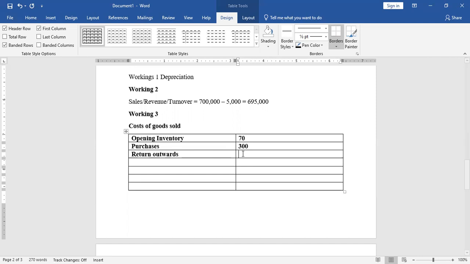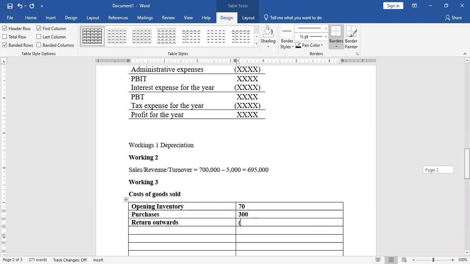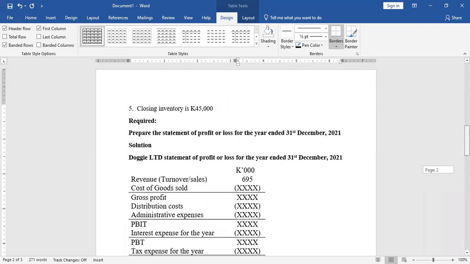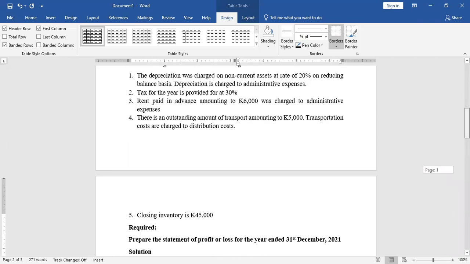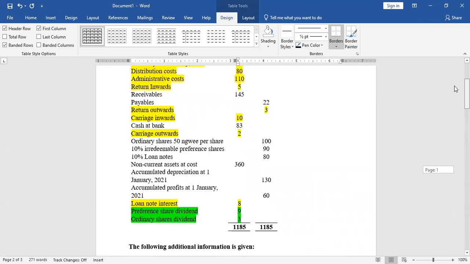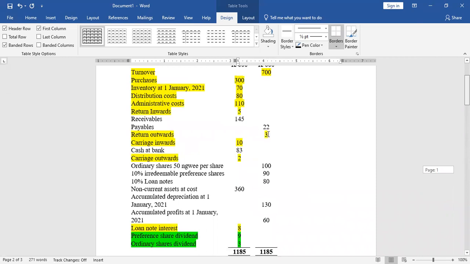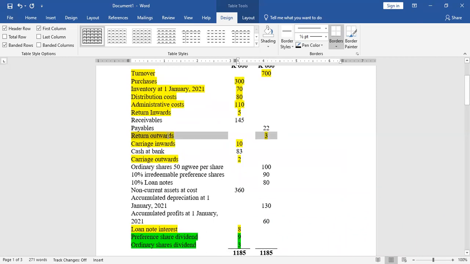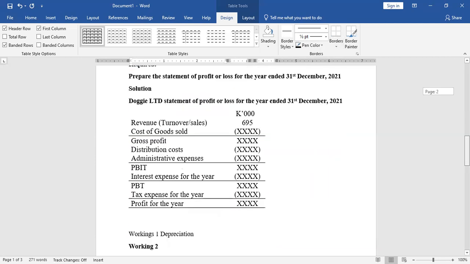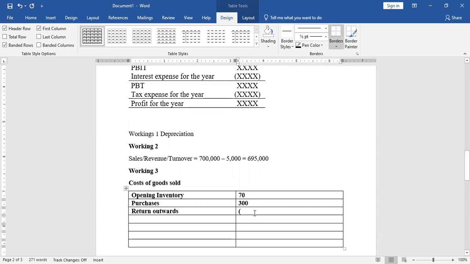So what was the return outwards? When you see me indicating brackets, I simply indicate that we are lessing. So return outwards in the trial balance was 3. I had marked it as one of the items that is coming in the income statement. I use the words profit or loss or income statement synonymously, so they mean the same.